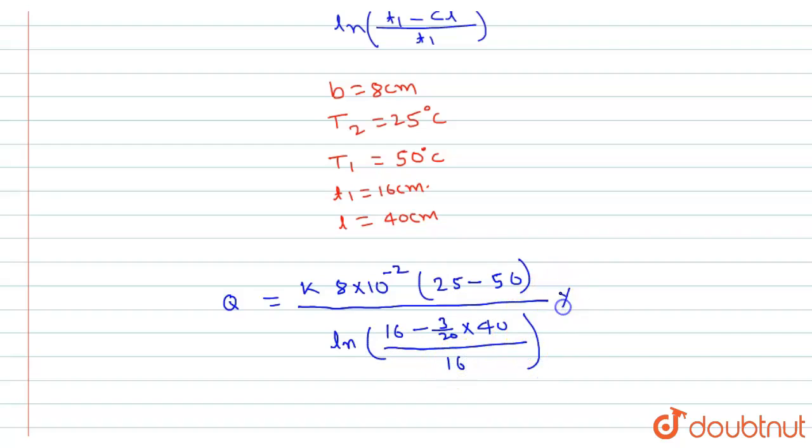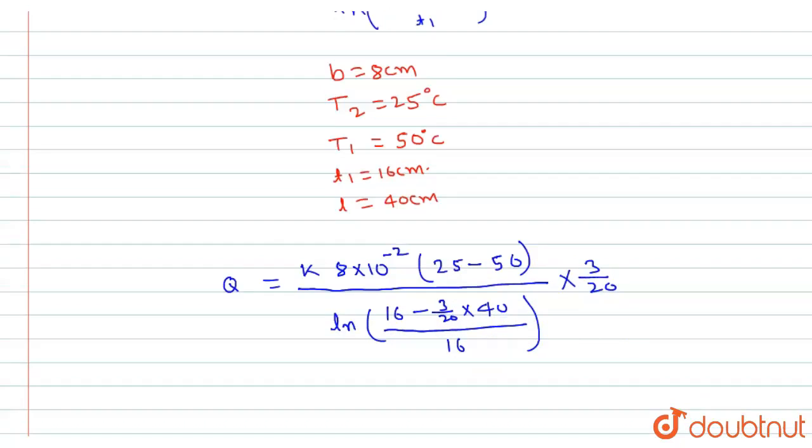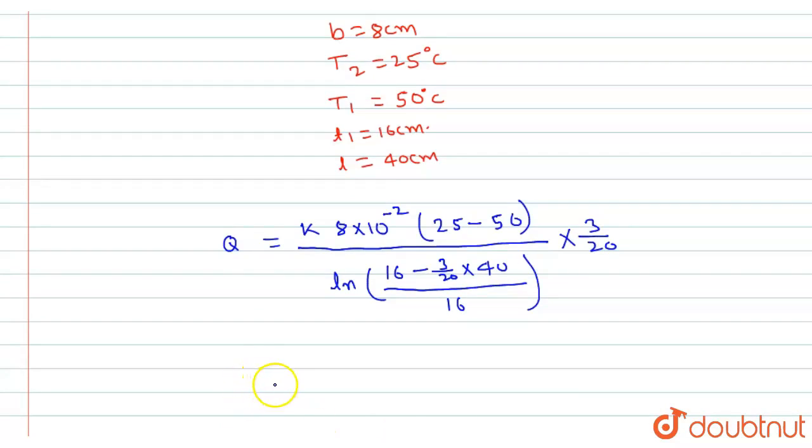And C is also here, so this is equal to 3 divided by 20. So we have to simplify this, and this is equal to K, and this is minus 25.